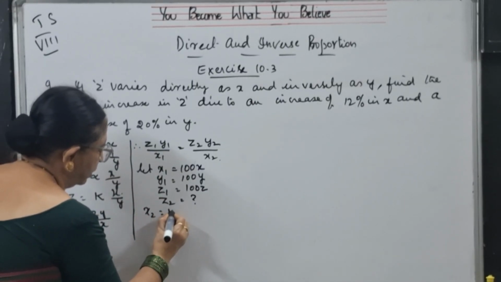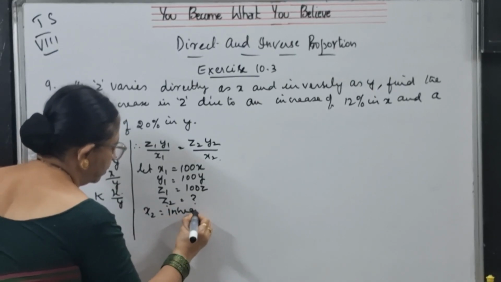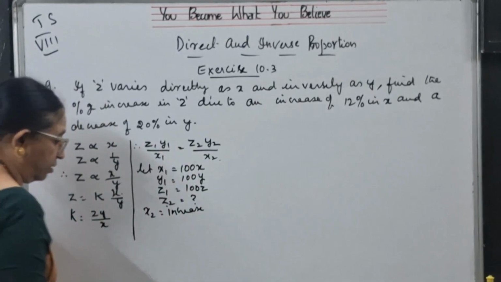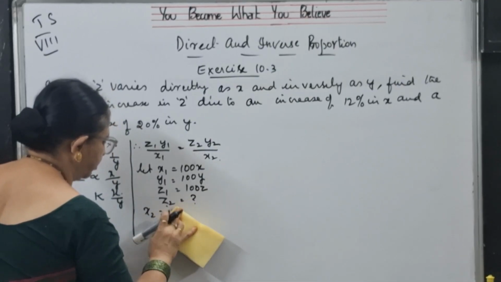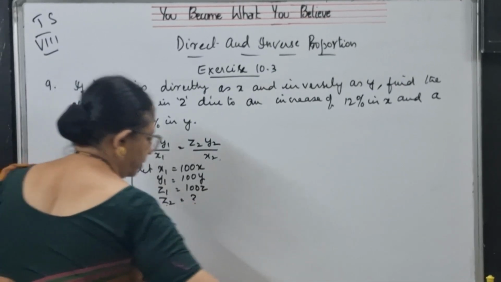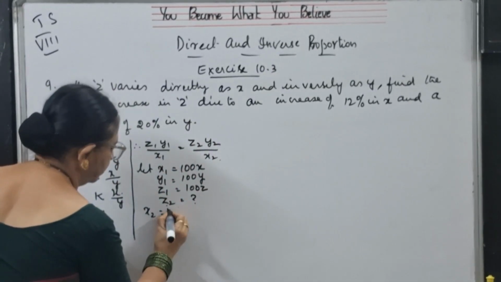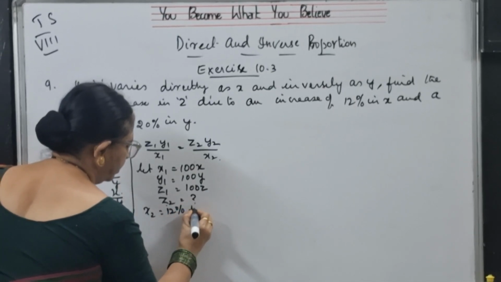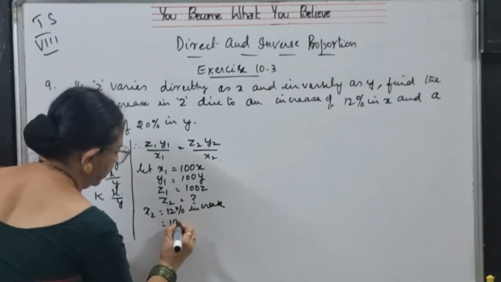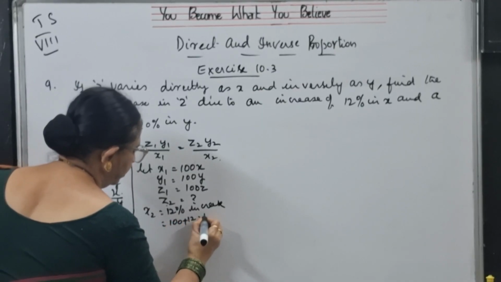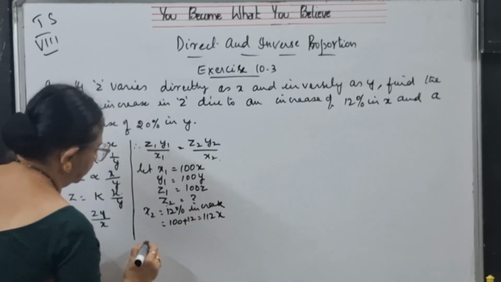X2 is a 12% increase. So it is nothing but 100 plus 12, 112x.